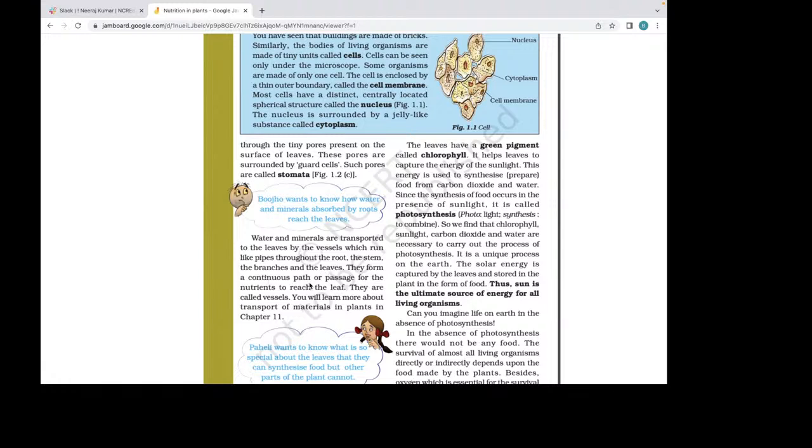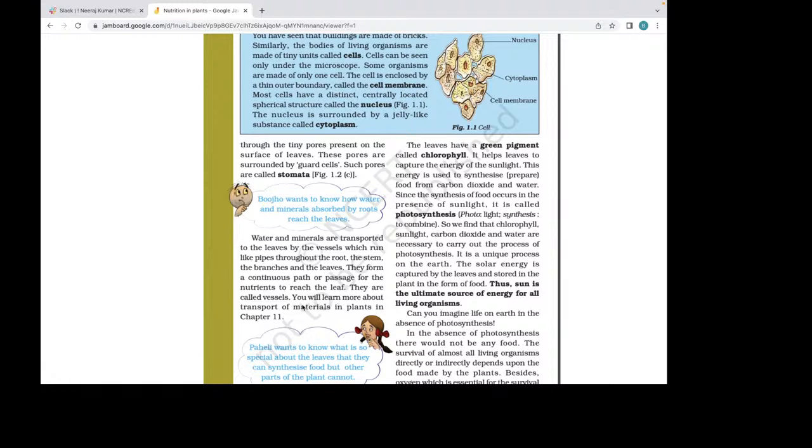So they form a continuous path or passage for the nutrients to reach the leaf. They are called vessels, through which these are transported.